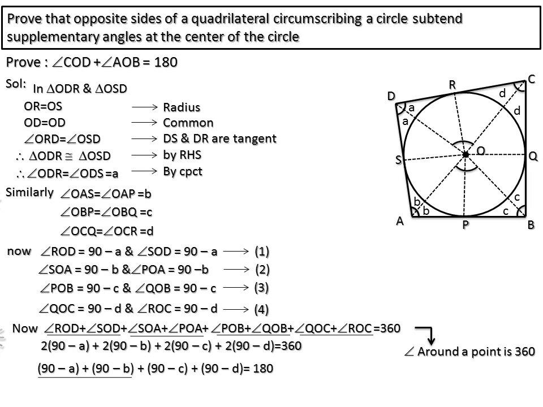And 90 minus A plus 90 minus B, this is nothing but angle COD, and 90 minus C plus 90 minus D, this is nothing but angle AOB, and therefore angle COD plus angle AOB equal to 180 degree, and hence proved. So opposite sides of a quadrilateral circumscribing a circle subtend supplementary angle at the center of the circle.